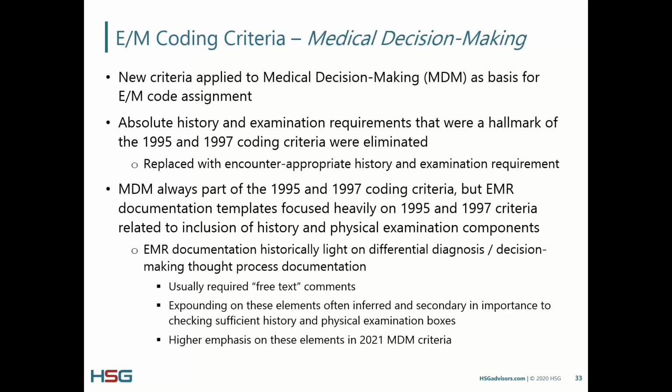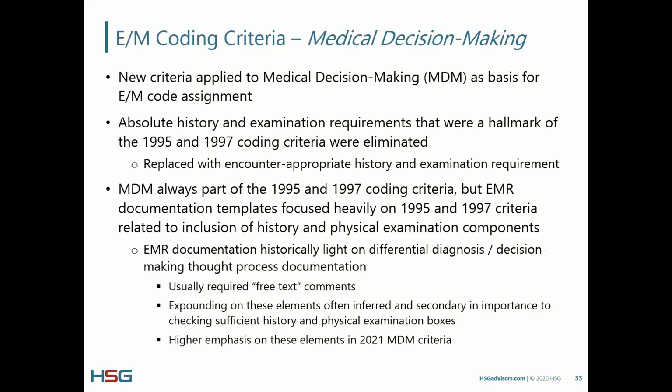You come down, you checked all your boxes and did all your things up on the top part, and then you come to assessment, you put in an assessment code, you put in your orders, and then you move on. Any amplification of differential diagnosis or decision-making thought process usually required free text comments, which didn't translate over into data points, right? And often we relied on the secondary inferences, right? So, well, if I had that diagnosis and I changed a medication, then clearly something wasn't right.